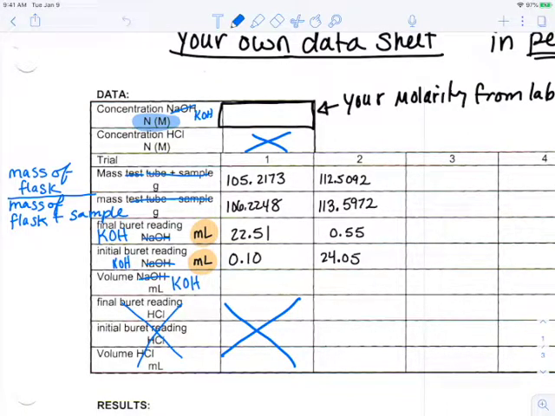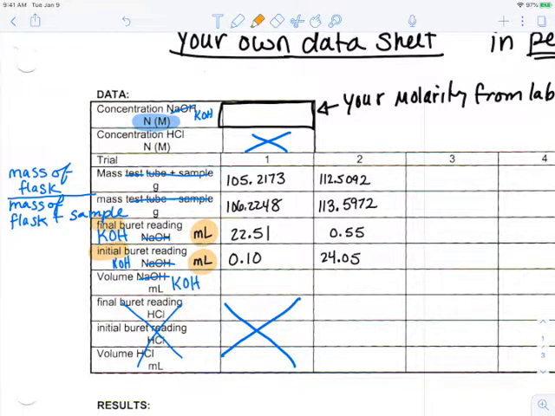It's a little weird this time. The way it's set up is the initials on the bottom and the finals on the top. The nice thing about setting that up is it makes it really easy to do your calculation here. So subtracting 22.51 from 1.10, and boom, it goes right there into the volume of KOH.